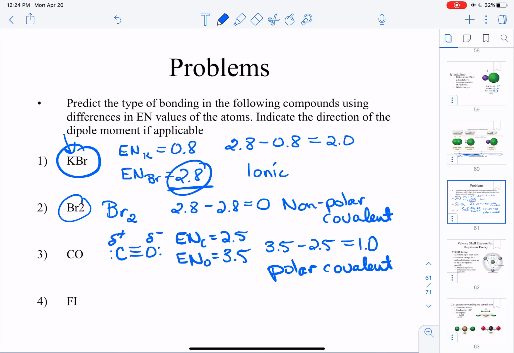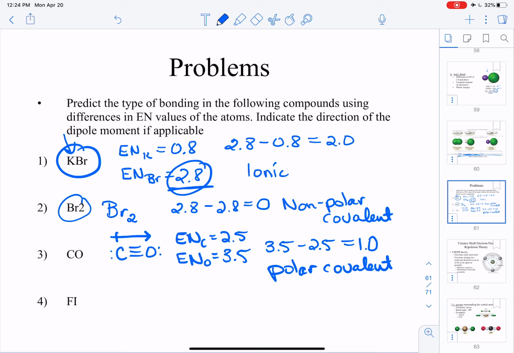So we have poles. The other way that we can symbolize this is with a dipole moment. So we would draw our positive symbol on the partially positive side of the molecule, and we would indicate a shift of our electrons over to the more highly electronegative atom. So we can symbolize it again either way, but we don't want to do both.